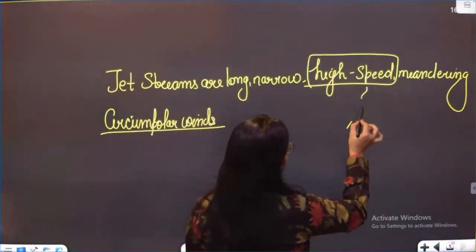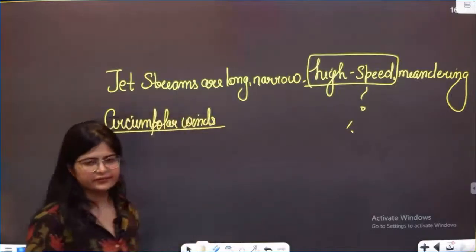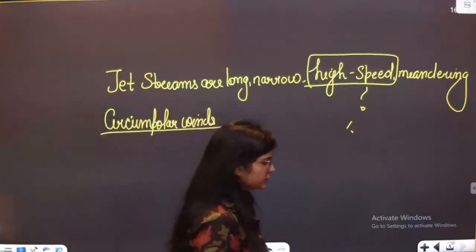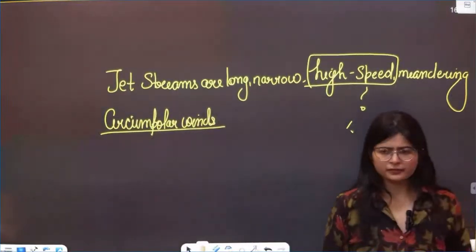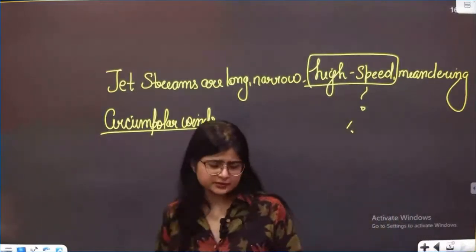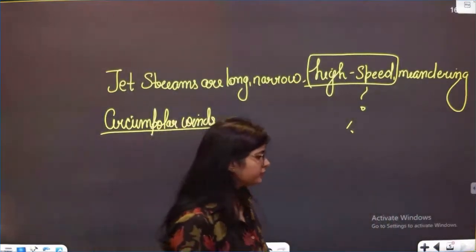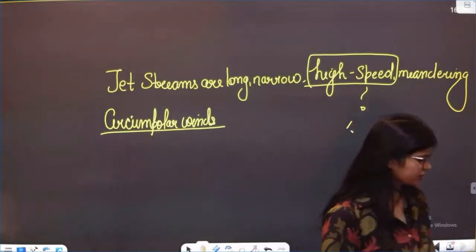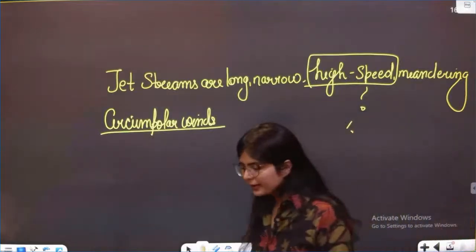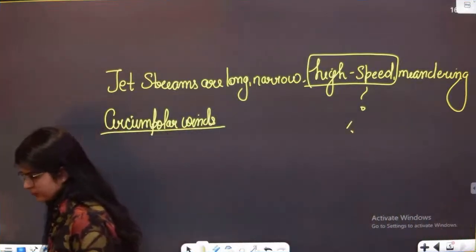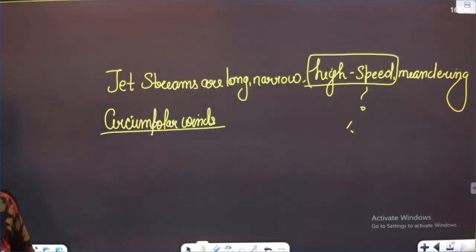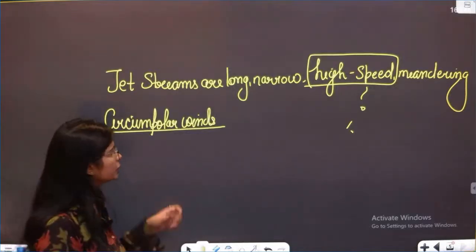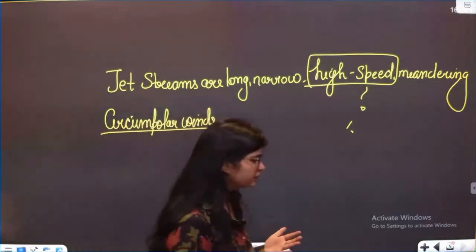Now, why are they high speed? That is my question. Why are they very, very high speed? Can anybody give me the answer, online students? The window is open for you if you want to answer why high speed is associated with geostrophic winds, or you can call the jet stream also a type of geostrophic wind.